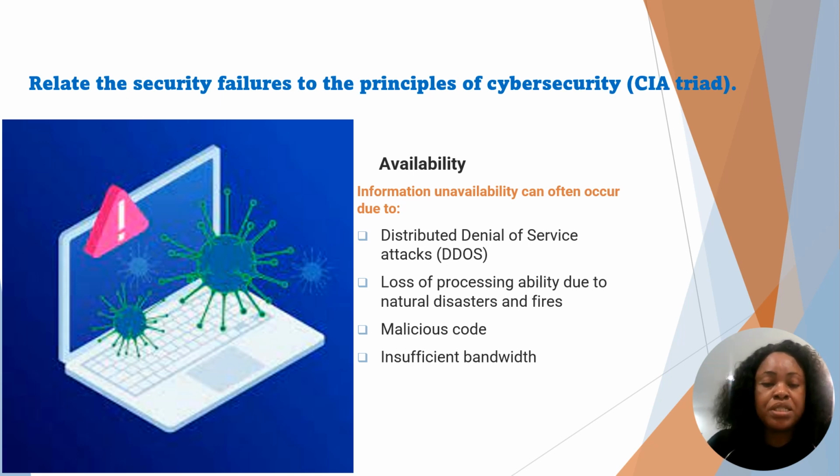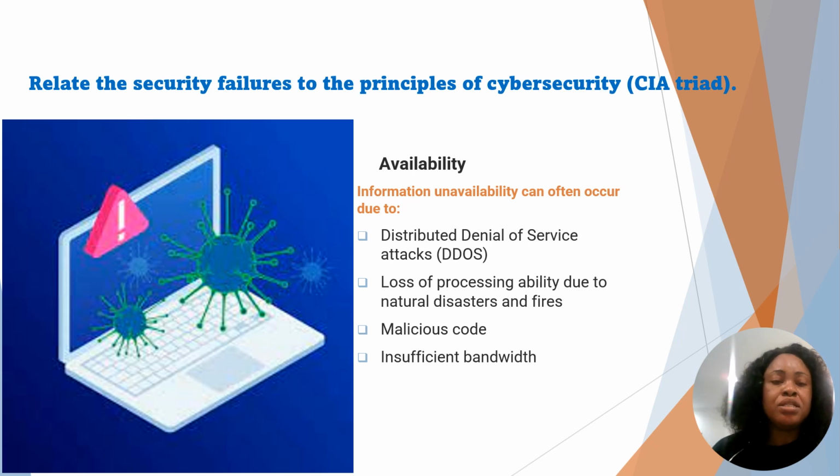Loss of processing ability due to natural disasters and fires can also occur and make the information unavailable. We also have malicious code, insufficient bandwidth. So availability refers to the ability of information to be accessed by authorized personnel when needed.